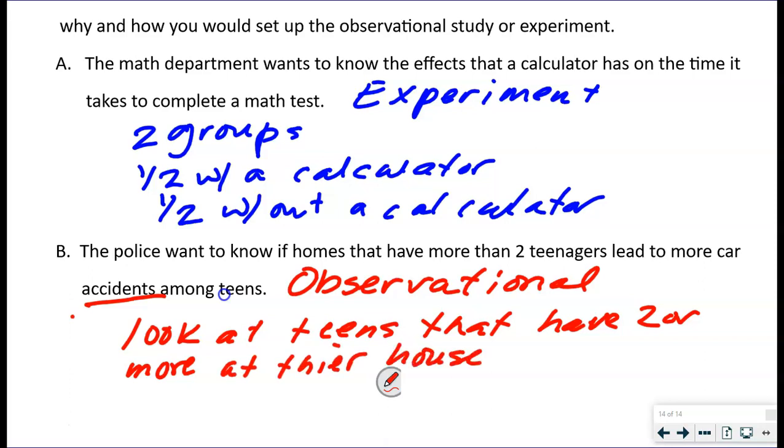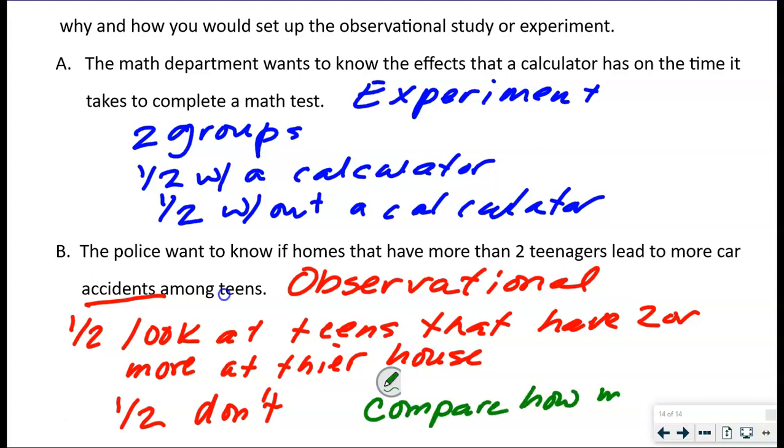And then, so you do half that have teens that have 2 or more, and then you do half that don't. And you would compare how many accidents they have. And I would do a pretty big number of these, okay?